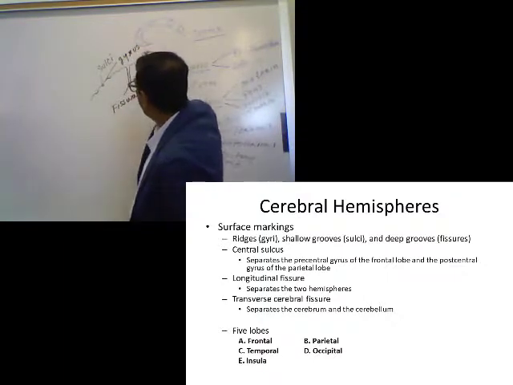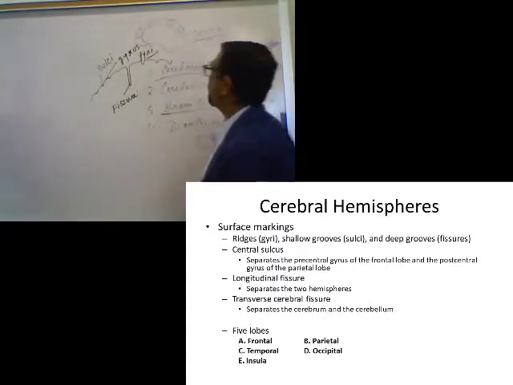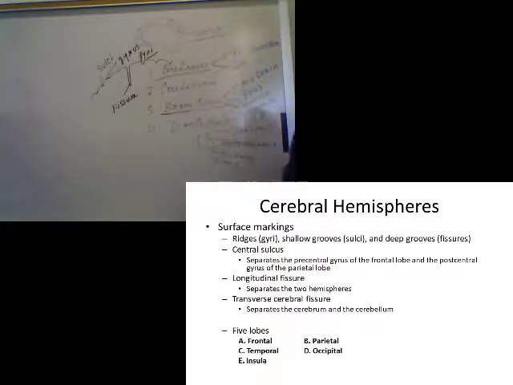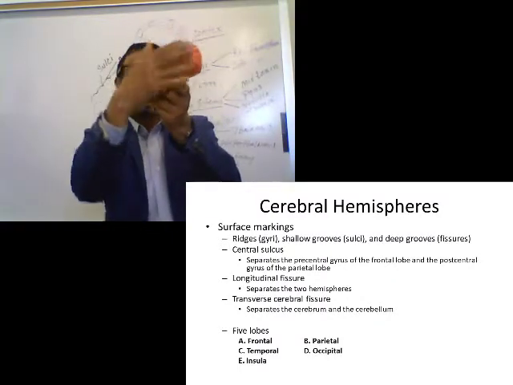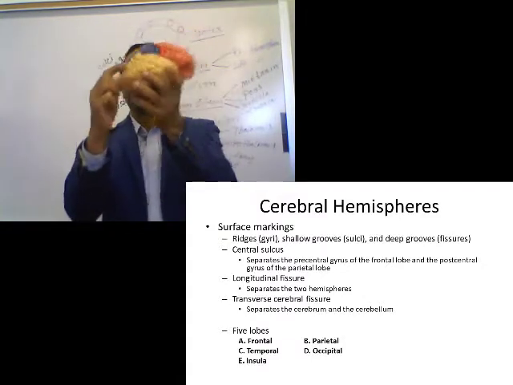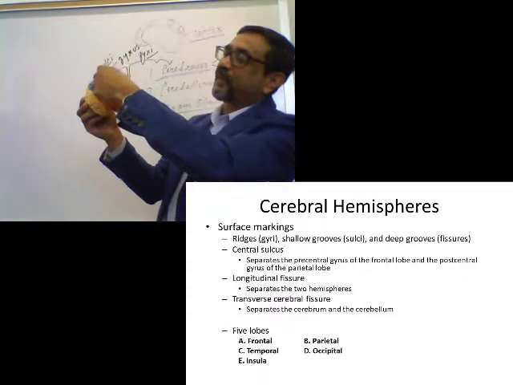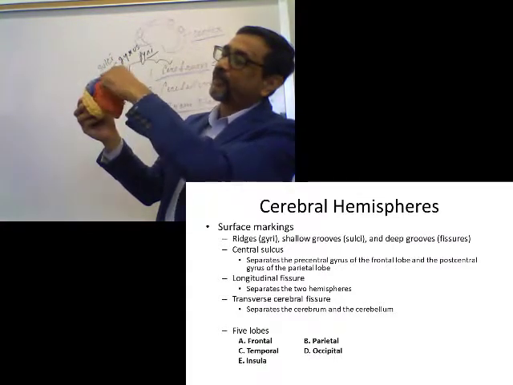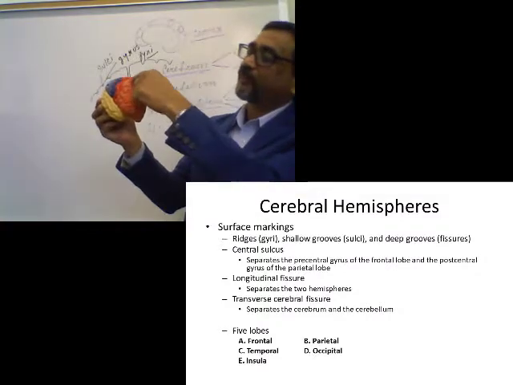And the plural is gyri. Some people say gyri. So now we can say that on the surface of the hemisphere you have many sulci and many gyri. So let me show you one. This is a sulcus, this is a sulcus, in between this is the gyrus, the ridges.